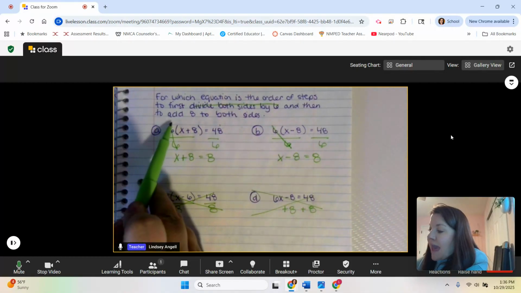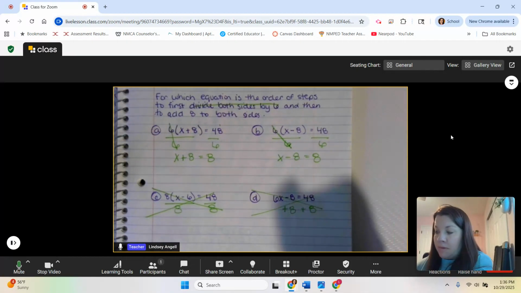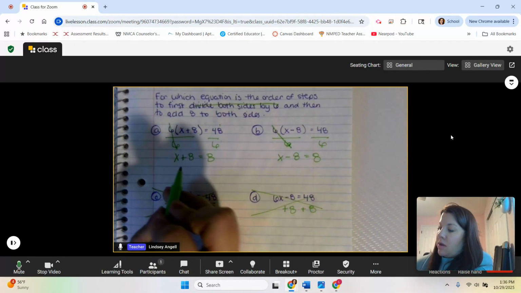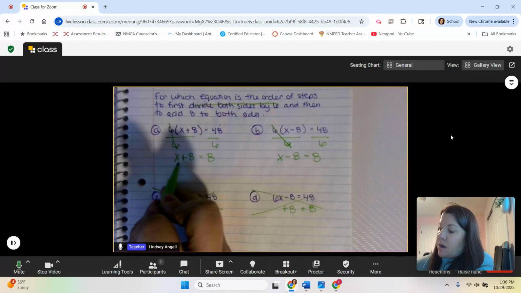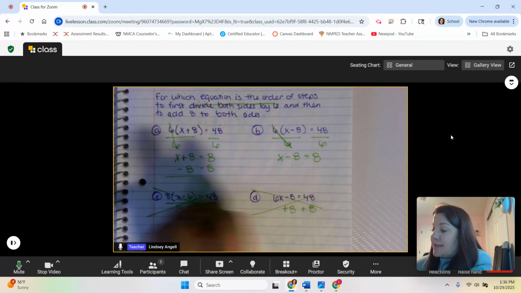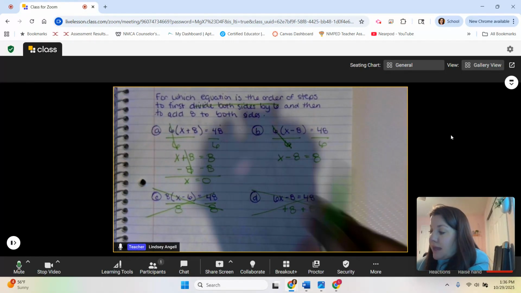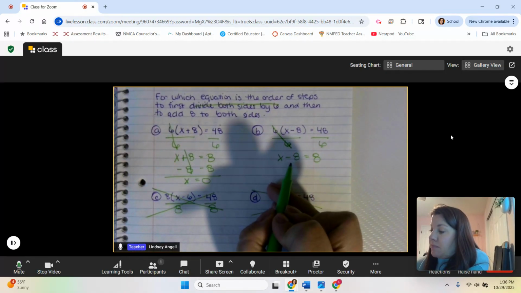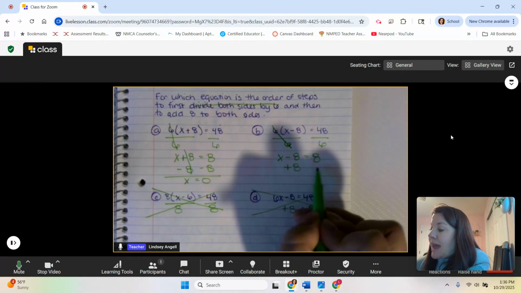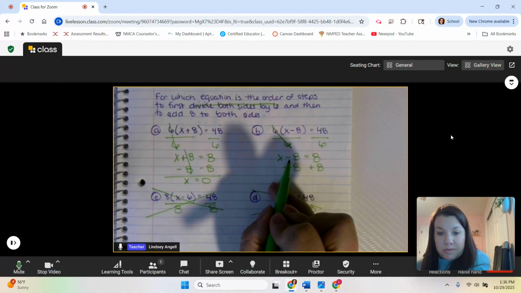And then to add 8, we're looking for which one we're going to add 8 to next. Remember, we're doing the opposite operation from what we see in the problem. For this one, we're already adding 8. To get rid of it, we need to subtract 8. So x would equal 0 in that case. With this one, we're adding 8 next, because we were subtracting 8.